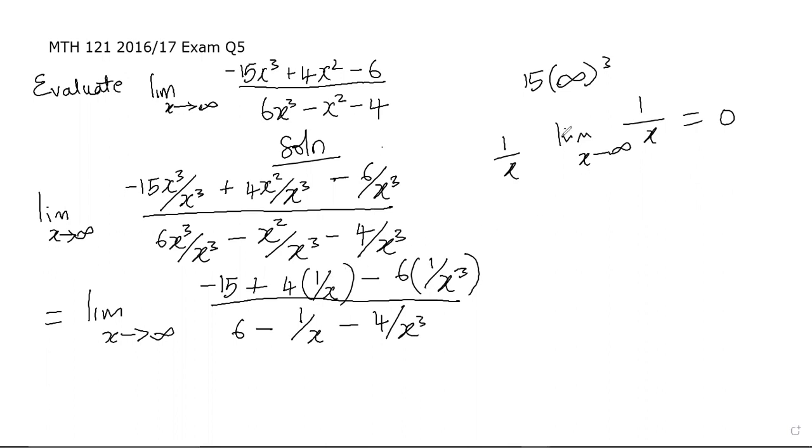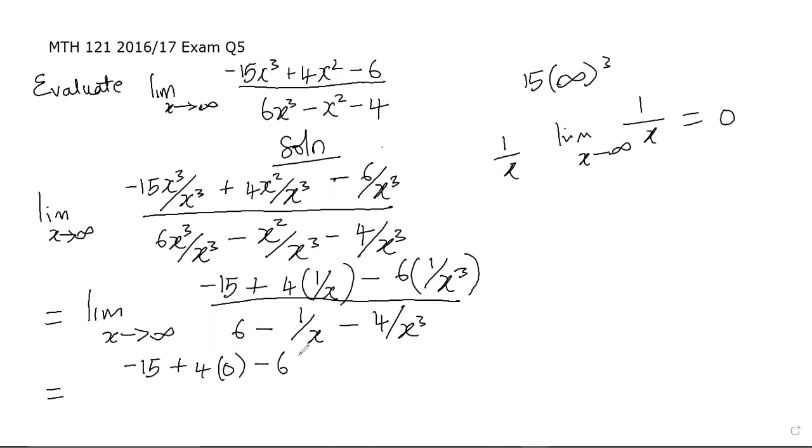Now, having established that the limit of 1 over x as x approaches infinity equals 0, that's standard theory for limits. So this limit will start going in here. Minus 15 will remain where it is, plus 4 times the limit of 1 over x, which gives us 0. The limit of 1 over x as x approaches infinity is 0, so put 0 here.